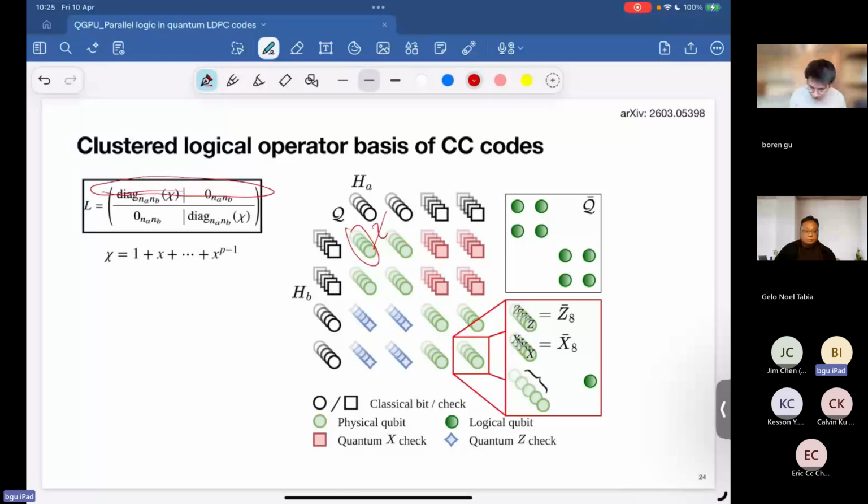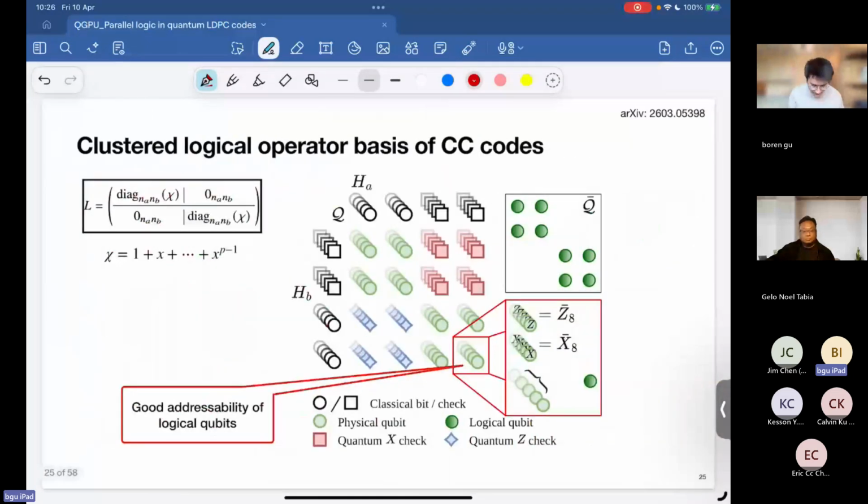So for example, we consider this logical qubit, whose logical operators of both types are just exactly applying physical Z-Paulis on the whole cluster, or X-Paulis on the whole cluster. So that is, in some sense, a naive addressability, but that brings a lot of convenience.